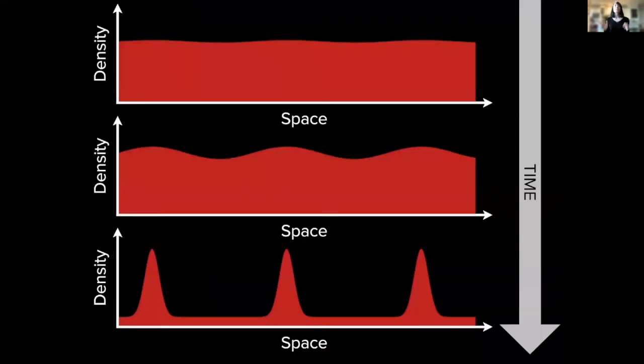So this is our picture for the growth of structure in the universe. This is how we got from that smooth distribution at 370,000 years to what we see today. However, there is a problem with this.